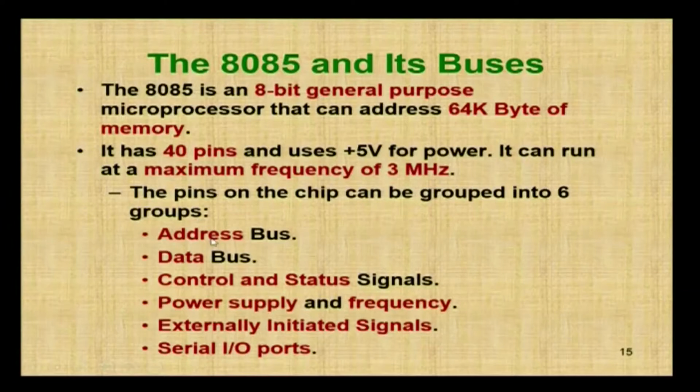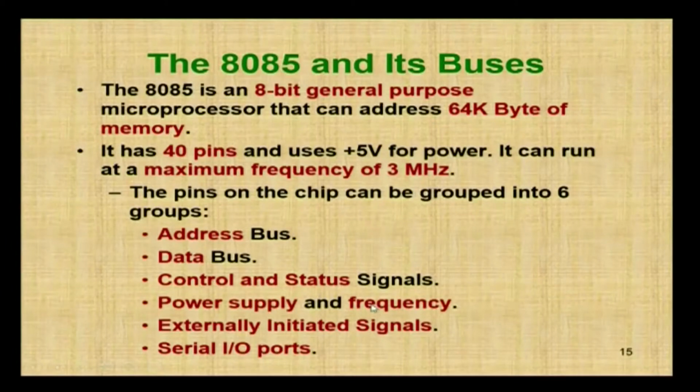It has 40 pins, which are grouped as address pins and data pins, and then control pins to control the read operation, write operation, and so on. Then the power supply pins: it requires power supply and ground for every operation.